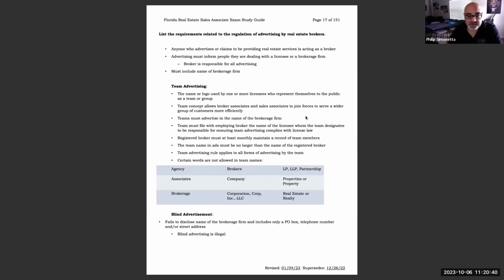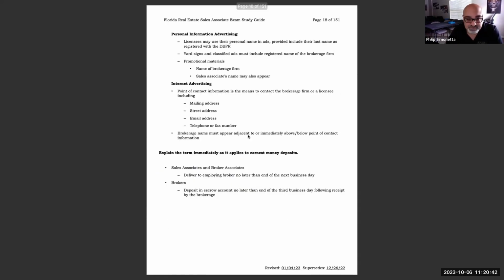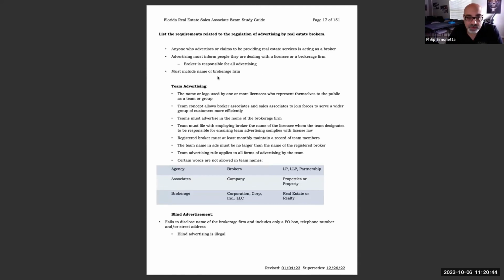Okay. Let's talk about the ads. So the ads must have the logo and name of the brokerage. I have a logo that must be in every ad. It's a standard logo and it's what's required in all 3 states.